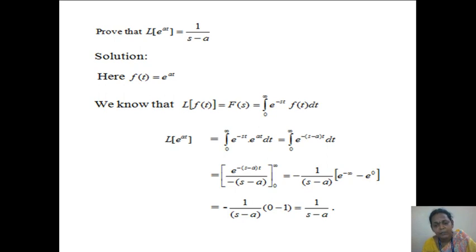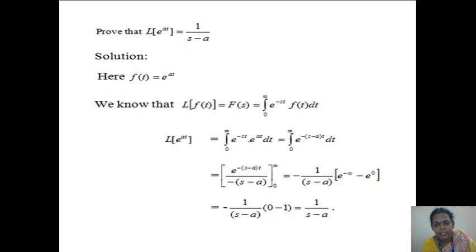Next, the integral of e power minus (s minus a) t into dt is e power minus (s minus a) t divided by minus (s minus a), to the limit 0 to infinity. So 1 divided by minus (s minus a) is a constant value.